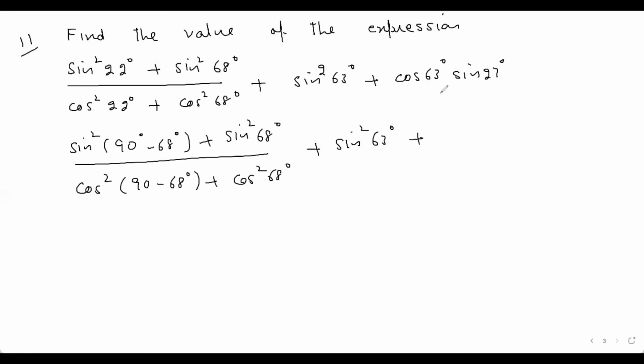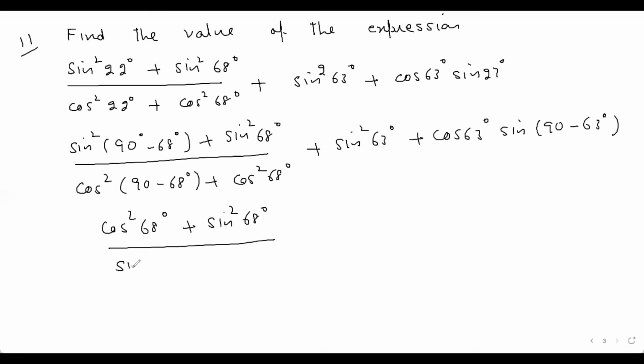Now here you are going to change this 27 degree, cos 63 degree. This is sine 90 minus 63 degree.